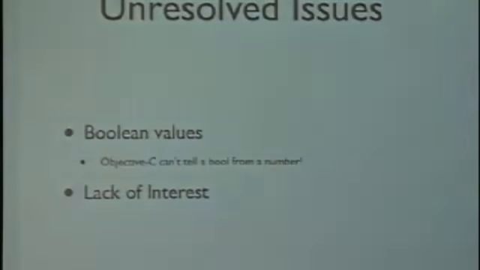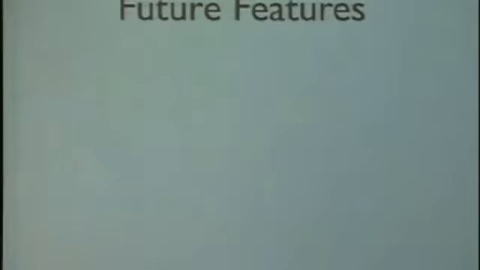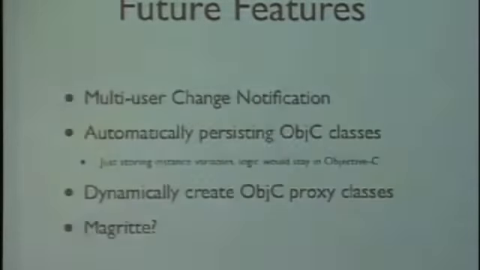Hence, my project. Future features that I would like to add to it. Those are supposed to come up one at a time. Obviously, my keynote foo is pretty lame. Multi-user change notification. I would like to have it automatically propagate changes to the object set to any other client that's currently viewing those objects, so that if you have two people editing sushi at the same time, the changes automatically propagate and show up. And this should be possible. Gemstone does it, and Cocoa does it as well.